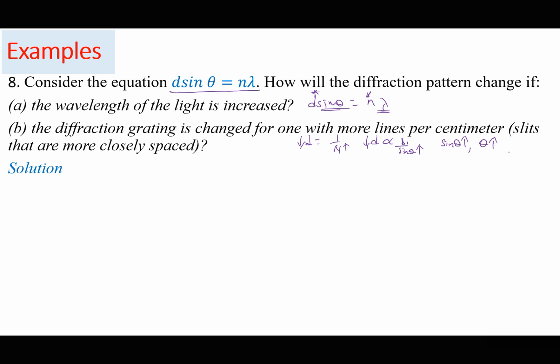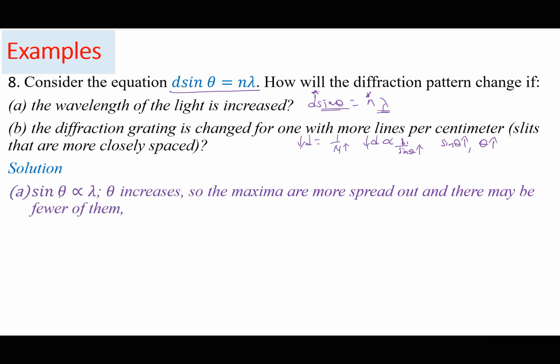So it means the same thing as in part A. In part A, sine theta is directly proportional to the wavelength. If the angle of diffraction increases, the maxima are going to be more spread out. And because they are more spread out, only a few of them will be seen on the screen.